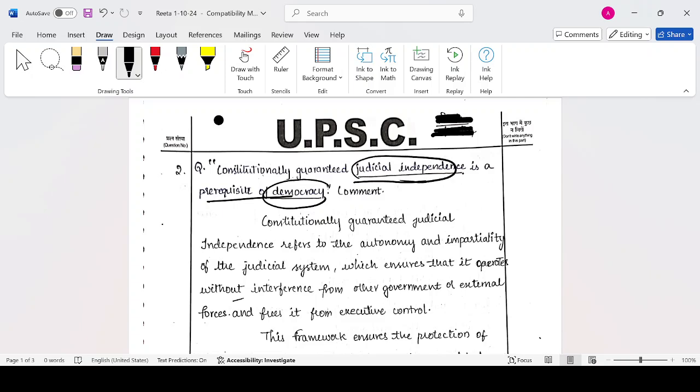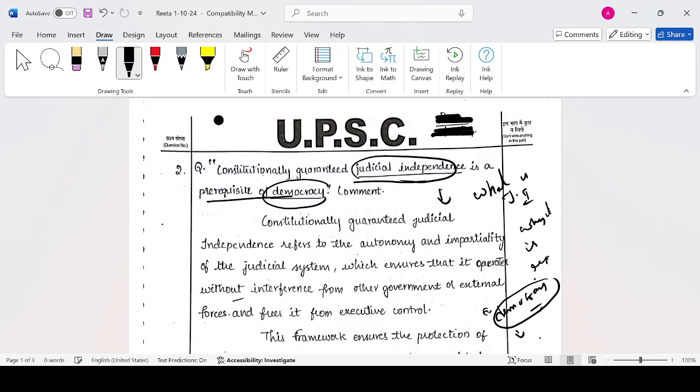First we need to define what is judicial independence and why it is required. Then we need to mention what are the elements of a good democracy, a brief intro, a brief overview.